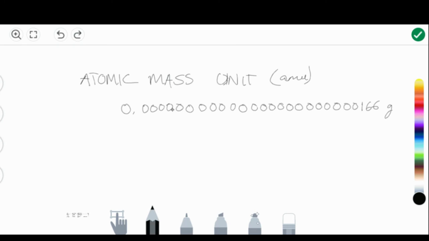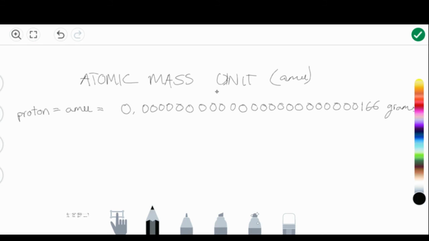And the reason that we use the atomic mass unit is because it's equal to one proton. So let me write this down. Proton equals AMU equals 0 point, then 23 zeros, 166 grams. So let me write grams. It'll be really inconvenient if you try to write down masses in grams.